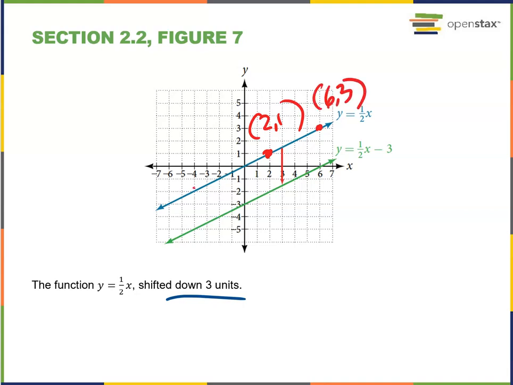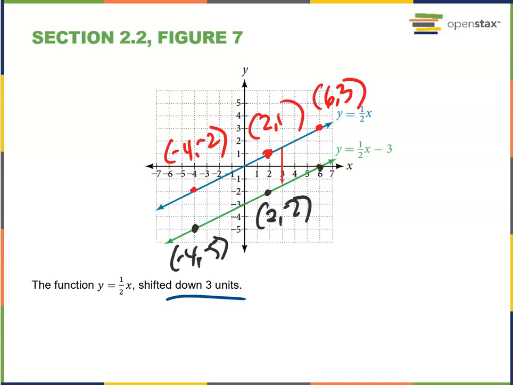Let's have a point here. It's (-4, -2). Then let's take a look at this point here. This is (-4, -5). This point here is (2, -2).